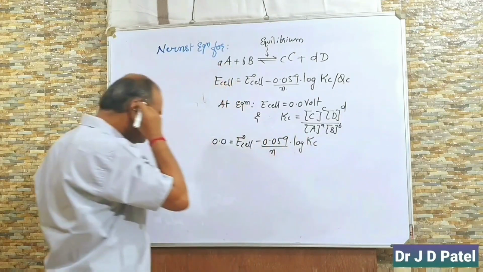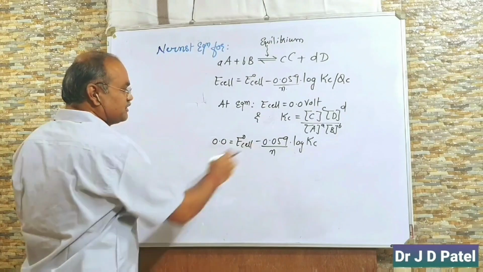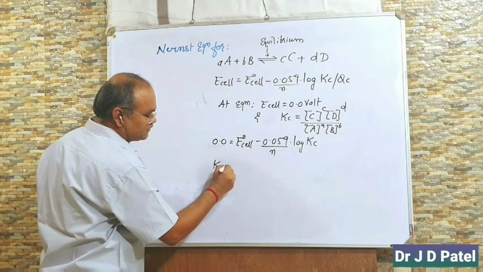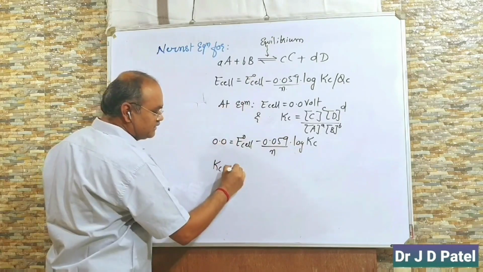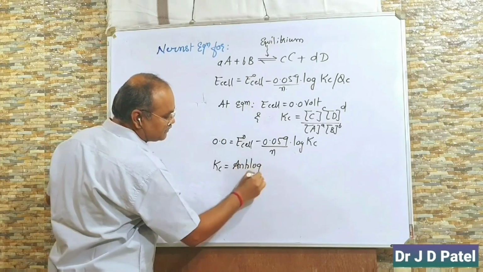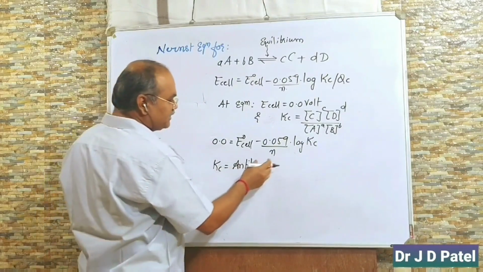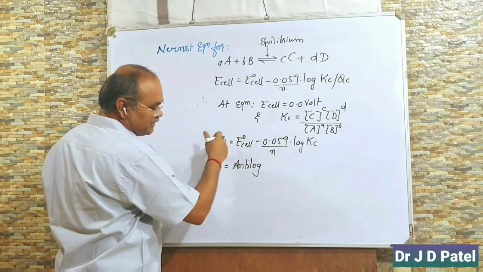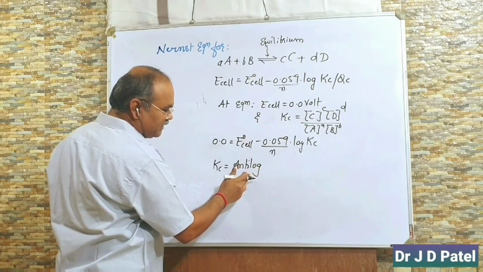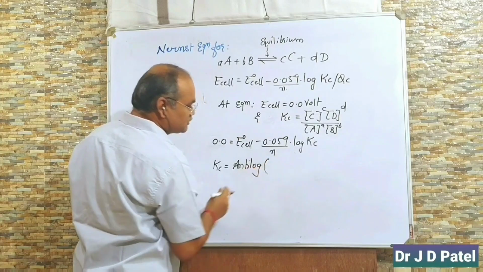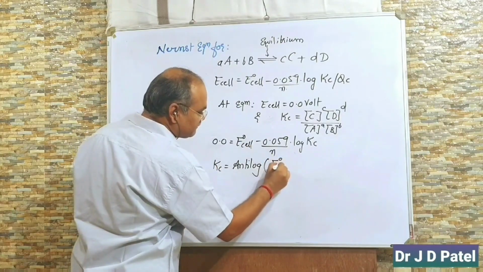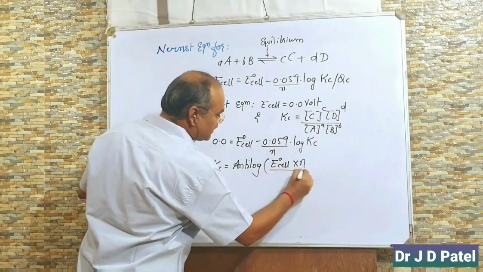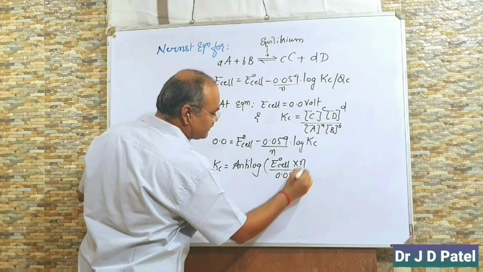So what can you write? Can I write Kc is equal to anti-log, as I am taking log to the opposite side. If I take the whole term on this side, it is positive. Now I am taking log on the opposite side, it will be anti-log of E0 cell into n divided by 0.059. So this is your equation to find Kc.